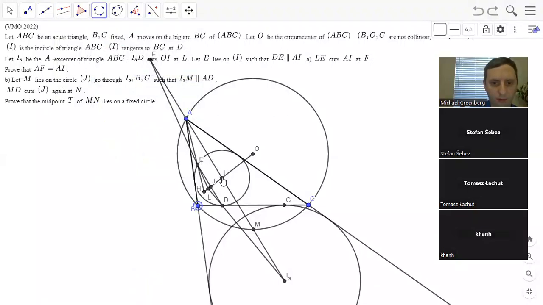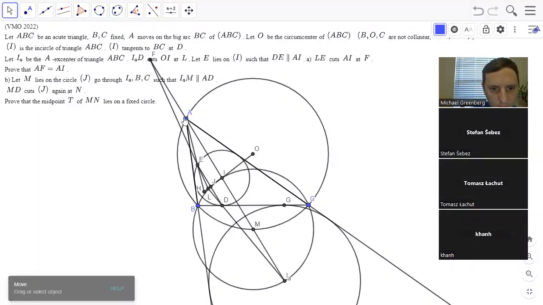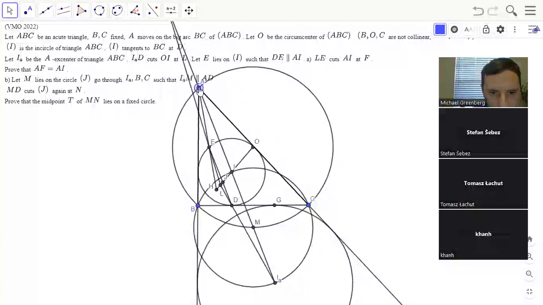Wonder if anything else lies on this circle. Does J lie on that circle? Oh, none of the points have to lie on it. Okay.